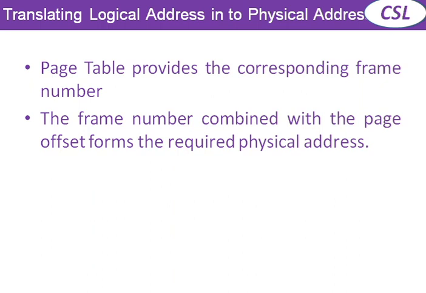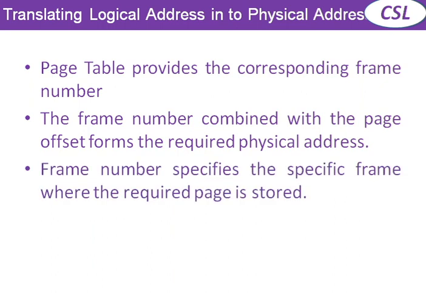On the page table, for the particular page, what is the frame number available? We can get the frame number, and that frame number is combined with the offset given by the CPU. Then we can get the exact location of the frame available in the memory.